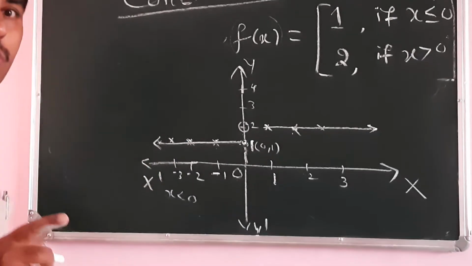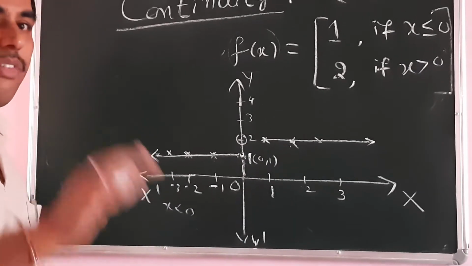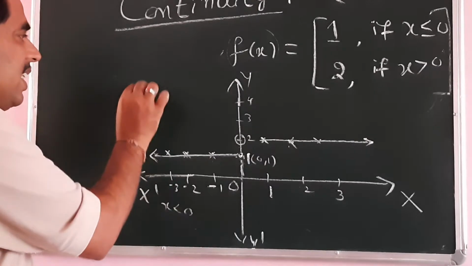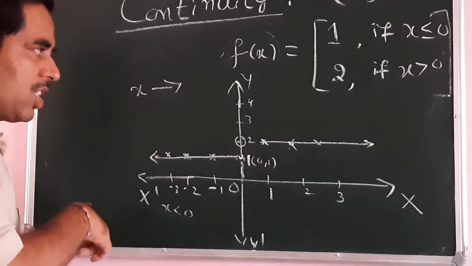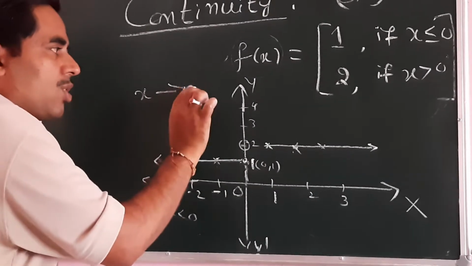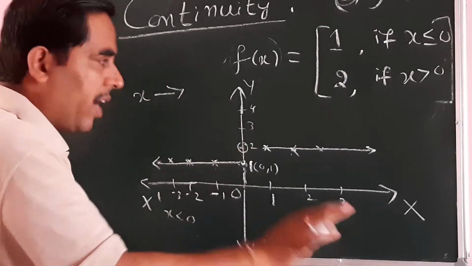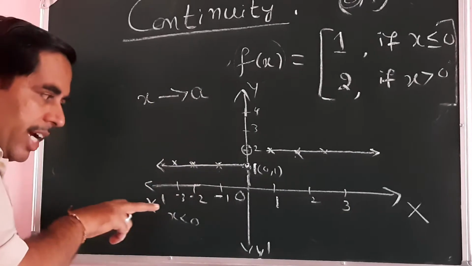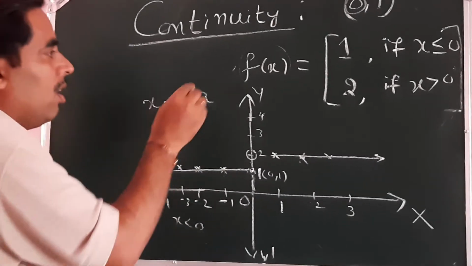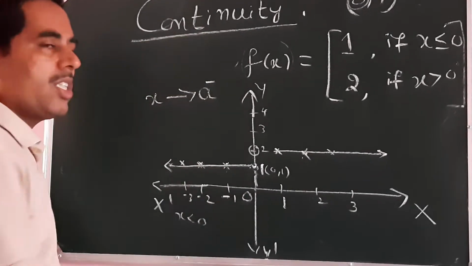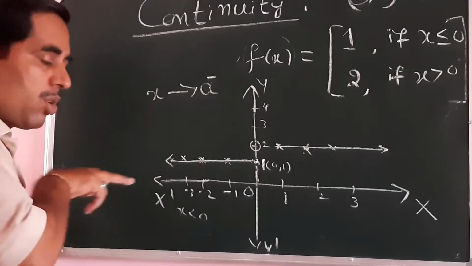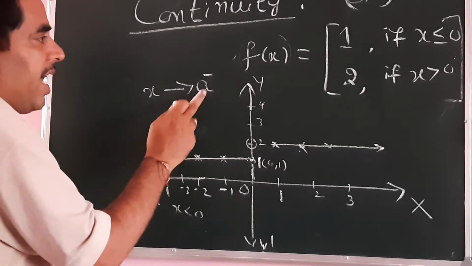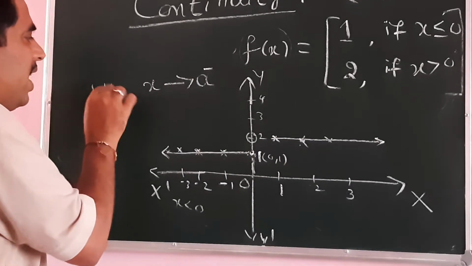What we have said earlier: if x moves towards a point, from the left side, less than 0, I can put the symbol as a minus. That is, it is approaching from the left side of the point. That means it is the left hand limit.